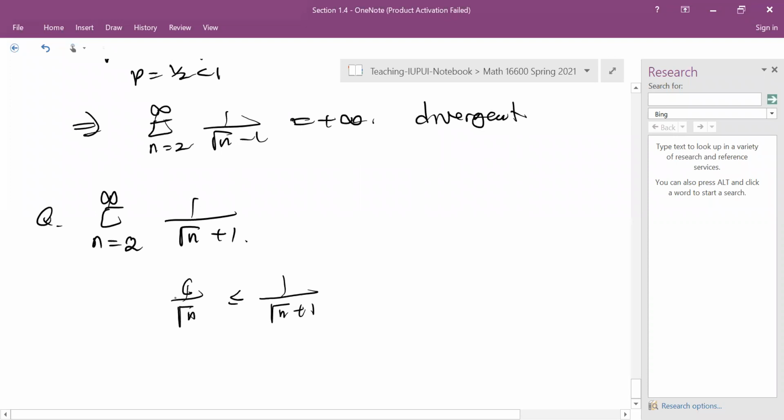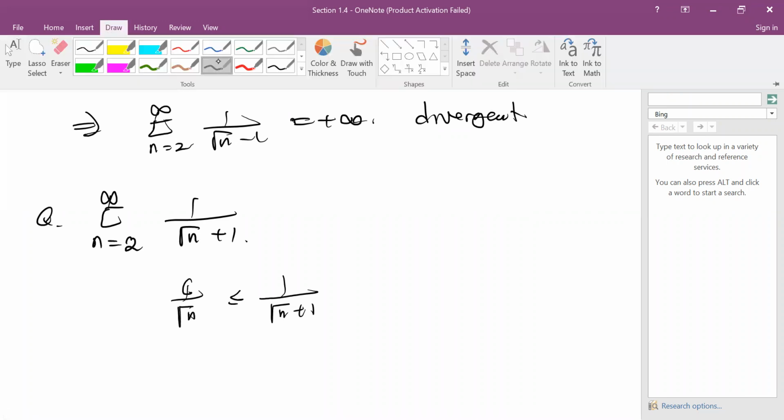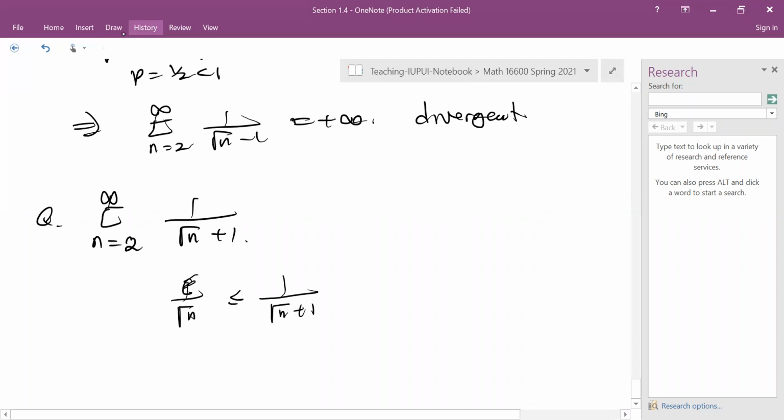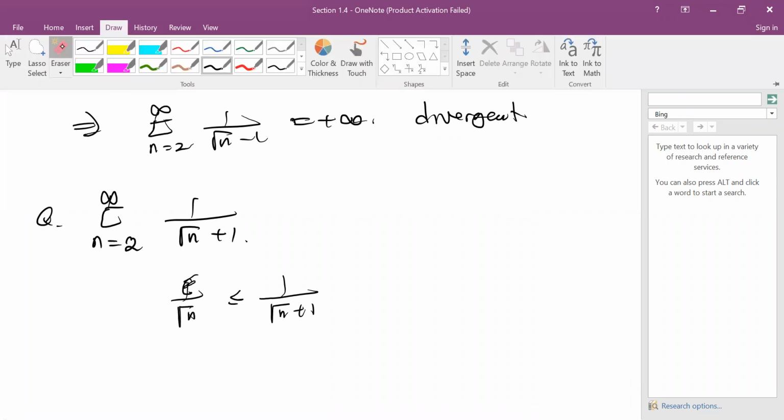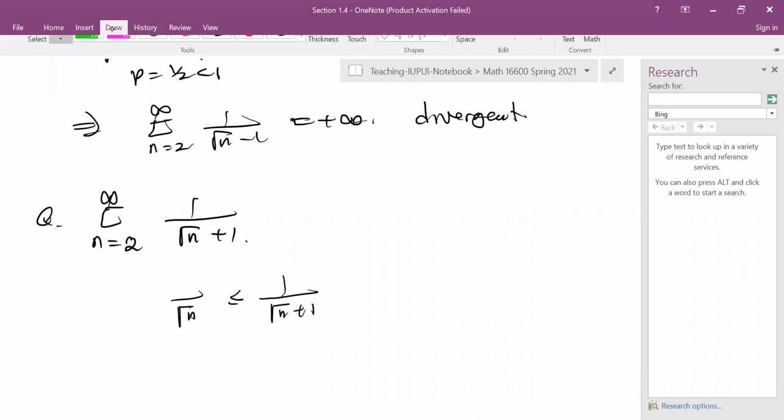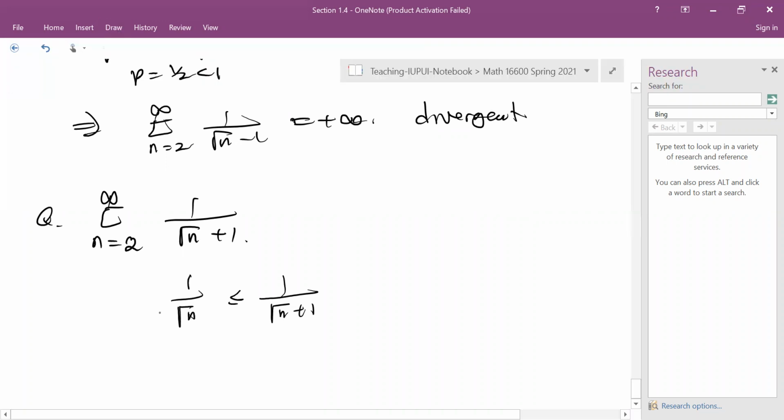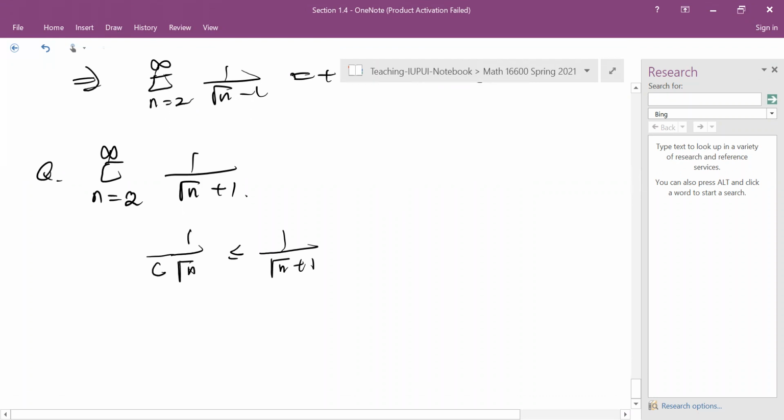This constant cannot be greater than 1, it should be less than 1. So we have to guess and try. That's the only way. We can put some constant here, maybe 2, maybe 3. I'm going to try 2 to see if we're able to do that.